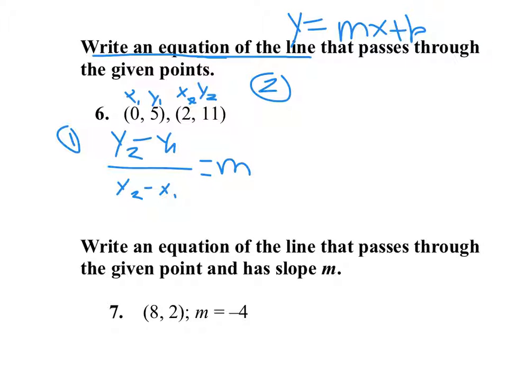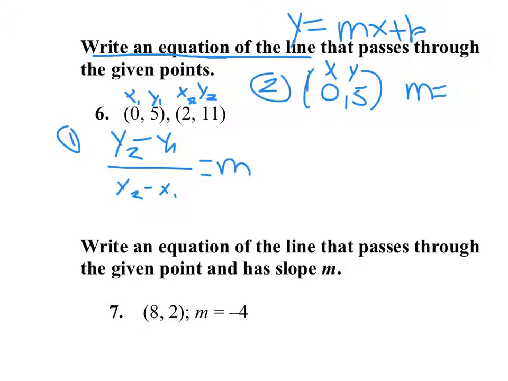So now we're going to choose a point. I recommend that you choose 0 and 5. So there's your x, there's your y, and your m is going to be whatever you got over here when you did the math. Okay, so then just plug into these 3 areas, solve for b.